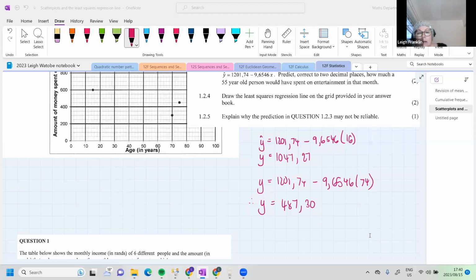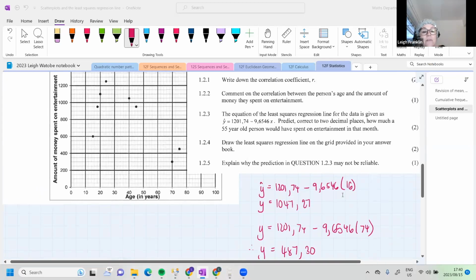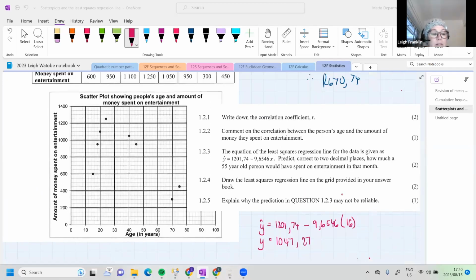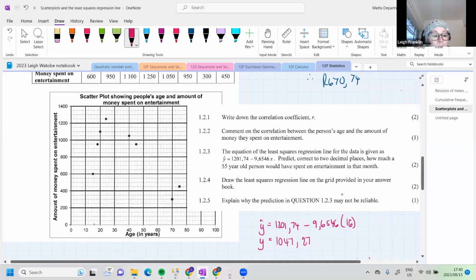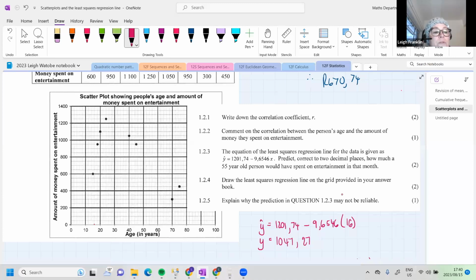Okay, so now what we want to do is plot these two points. The 16 against the 1047,27. So we're going to find 16 here. So 16 would be on this line here. And we want 1047, so that would be somewhere round about there.